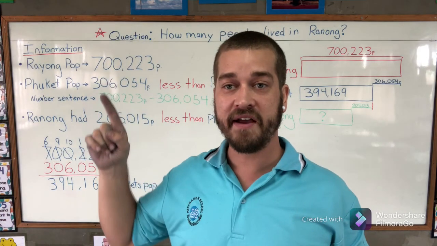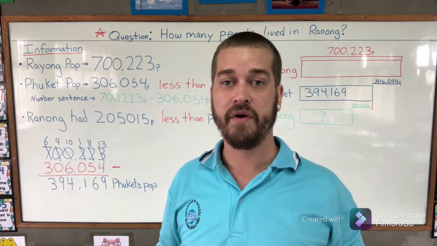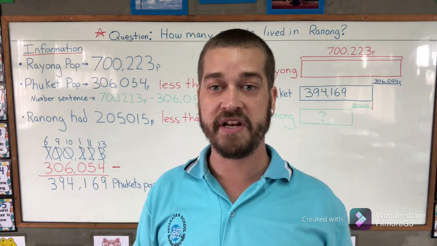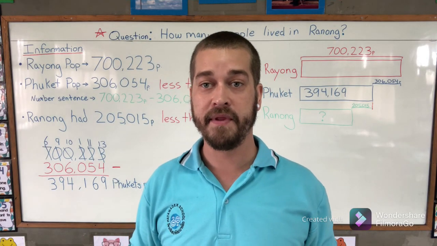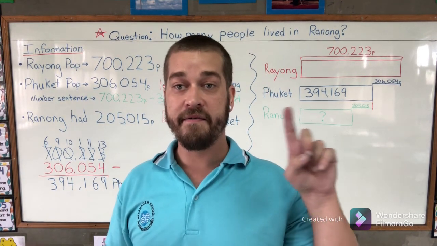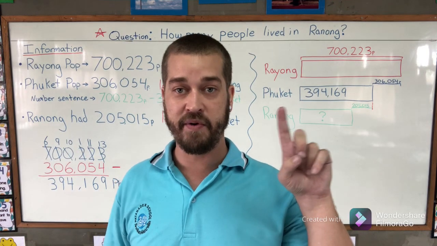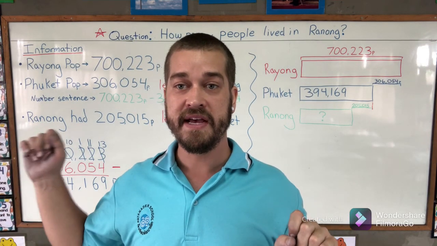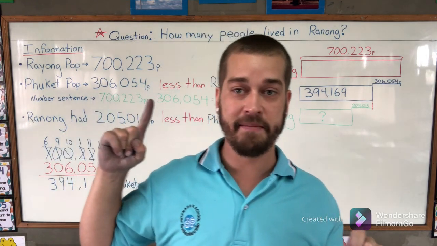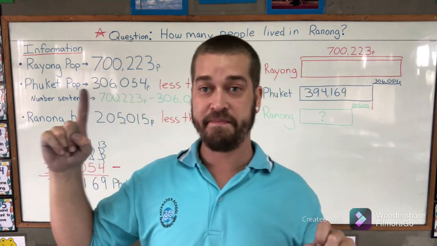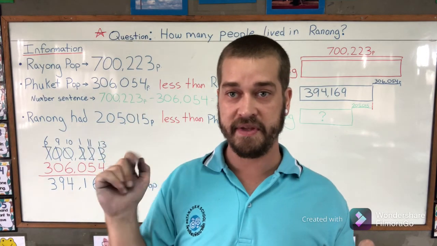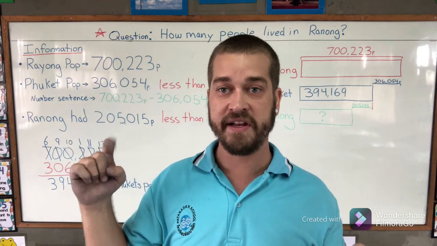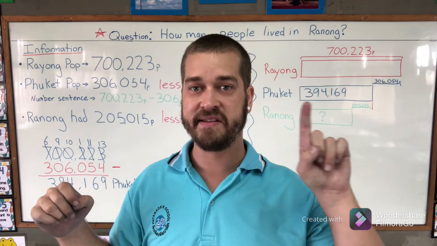So what I'm talking about is our information. We're learning more information as we figure out this problem. Because now, another fact that we know is that Phuket has this many people. So I'm gonna erase this number sentence, as well as this bit of information right here, because all these two are telling us is Phuket's population.